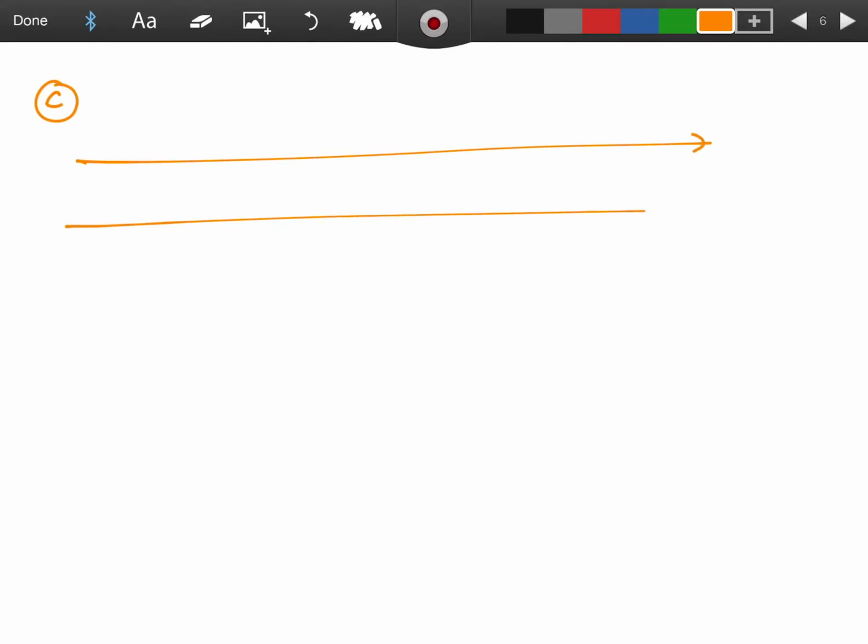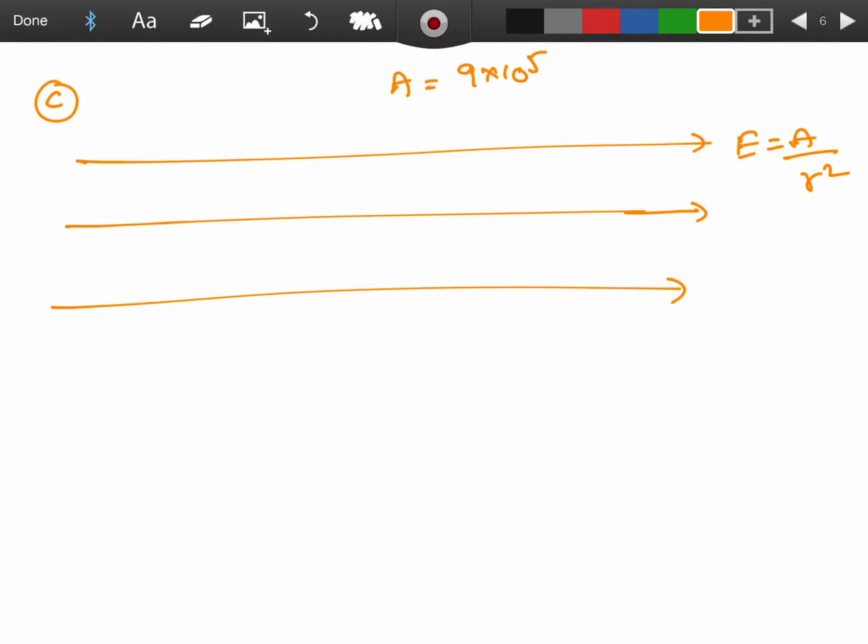Now coming to the third question. What would be the electrostatic potential energy if the same system is placed in an electric field equal to A by R square, where A equals 9 into 10 power 5 newton coulomb per meter square?